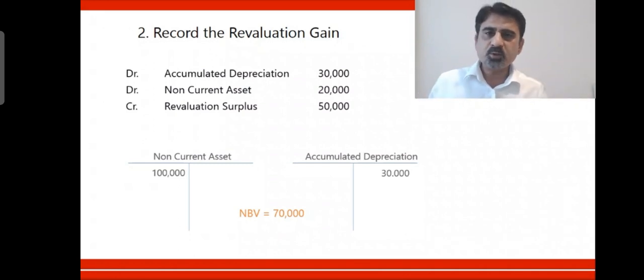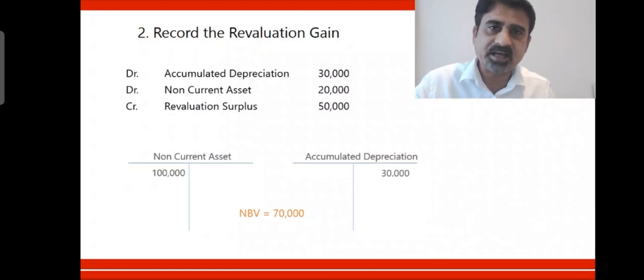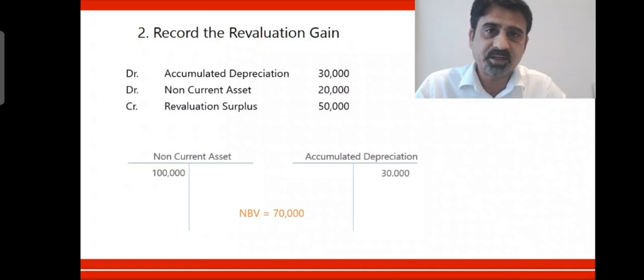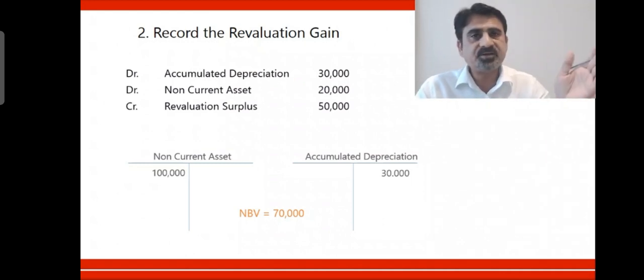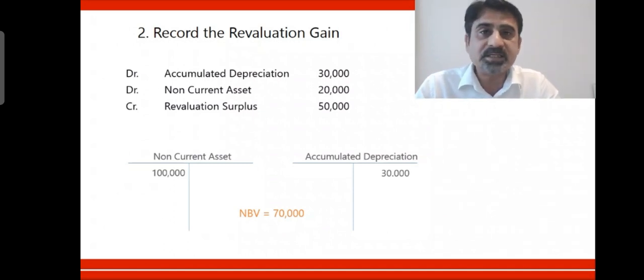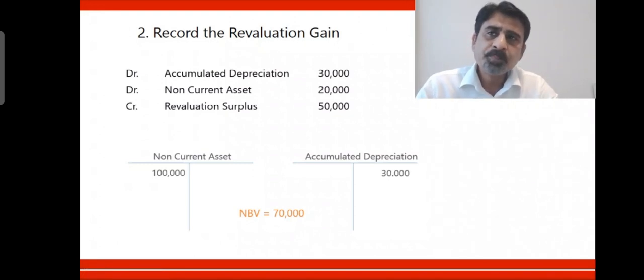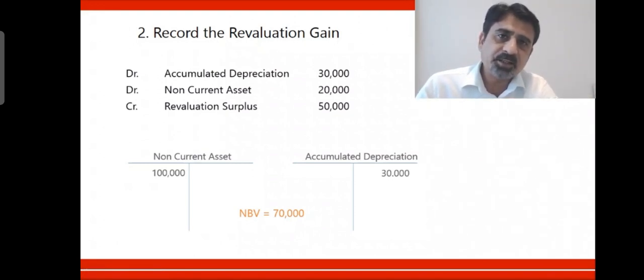So in your books, you are decreasing the value of asset, whereas in reality the asset was increasing in value in the market. So it means that your assumption was not correct. It means that the depreciation which you charged in past, 5,000, 5,000, 5,000, 5,000, total 30,000, was not correct. So in your books you made asset 70,000, whereas in the market the asset value was not going down. So that's why whatever depreciation we charged in the first 6 years, we reverse it back.